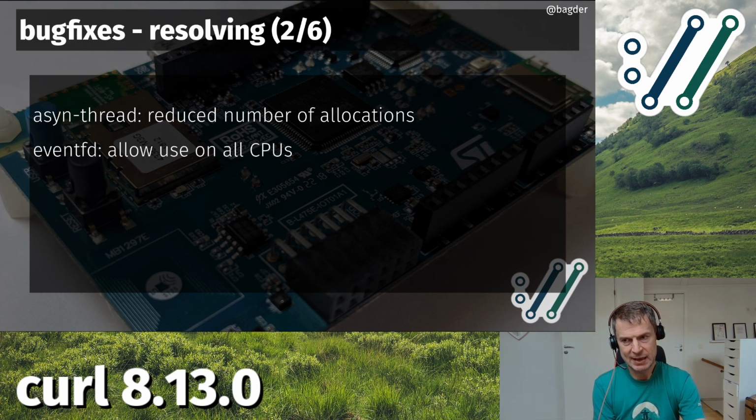But thanks to us cleaning up things, we can now use it. Event FD is basically just a way to signal activity from one thread to the other in a fairly lightweight way. So that's the preferred method we have to signal from the name resolving thread back to the main thread.